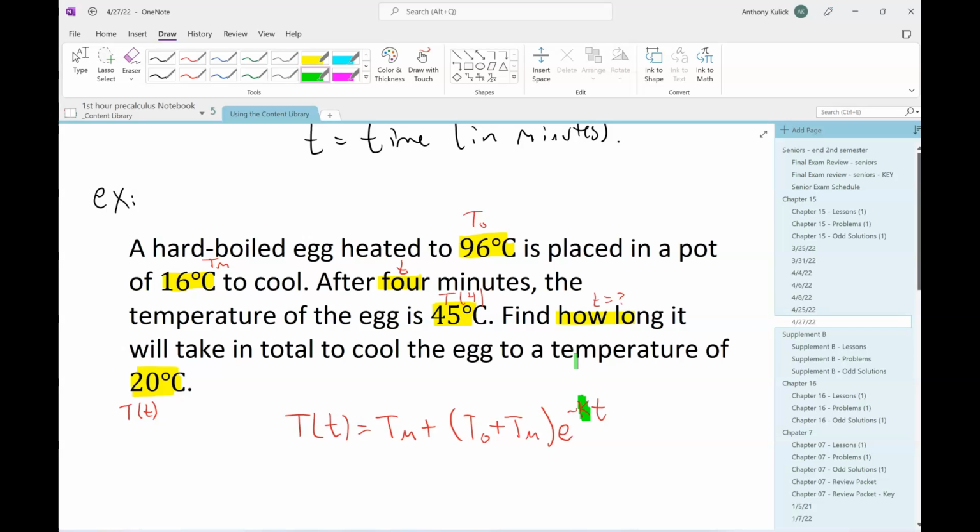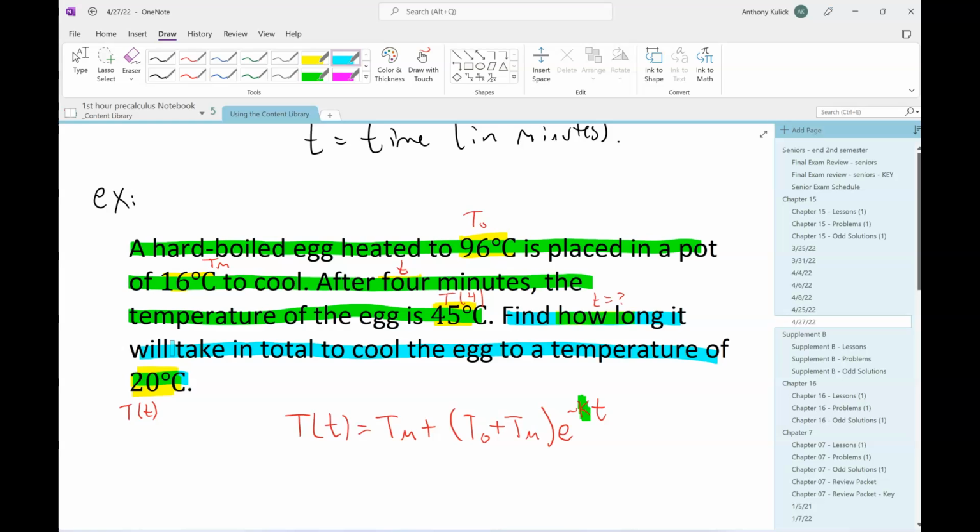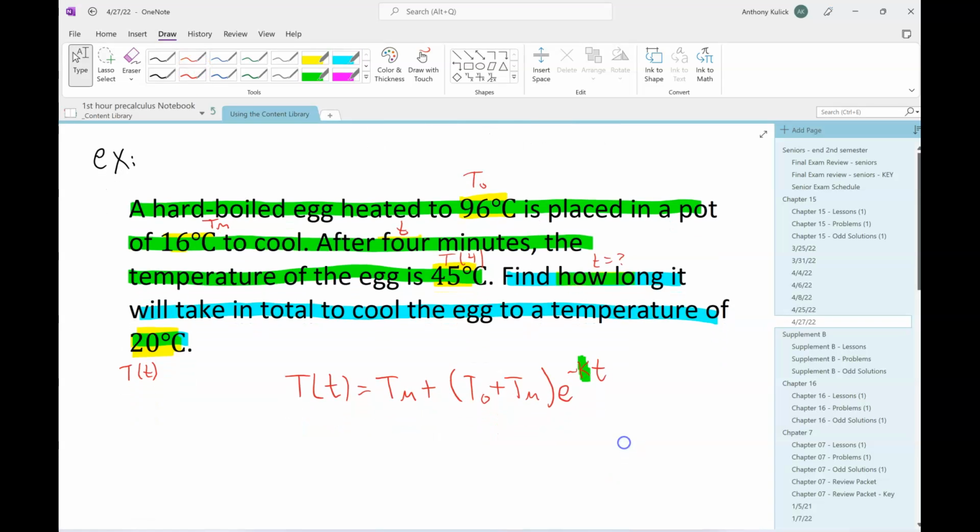So I'm going to use the first part of this question to figure out the value for k to complete my model. And then in the second part of the question, I'll use my completed model to find the little t. Does that feel okay to you guys? So I'm going to treat this as two parts. I'm going to do the green piece first.